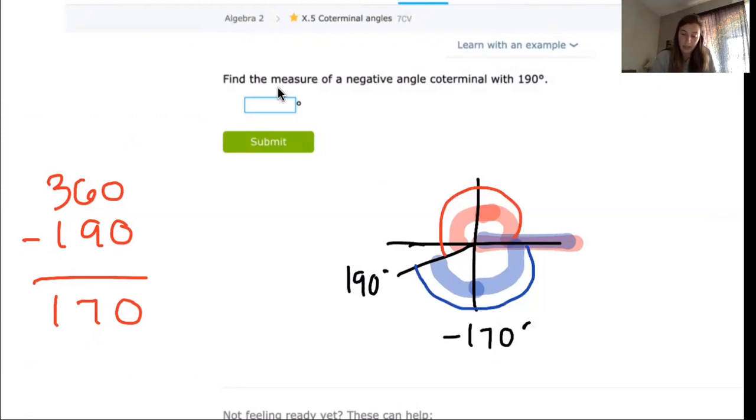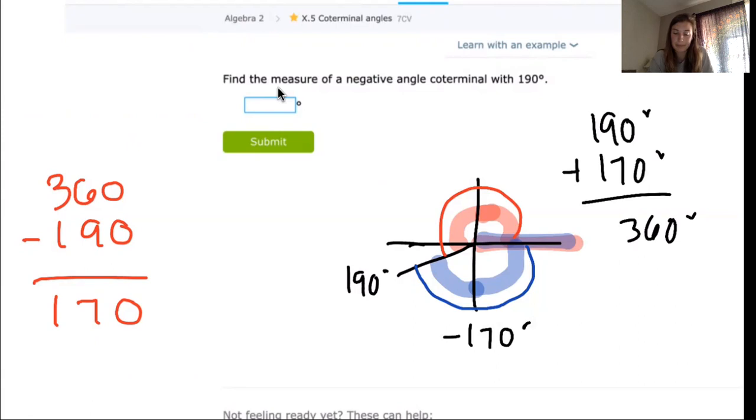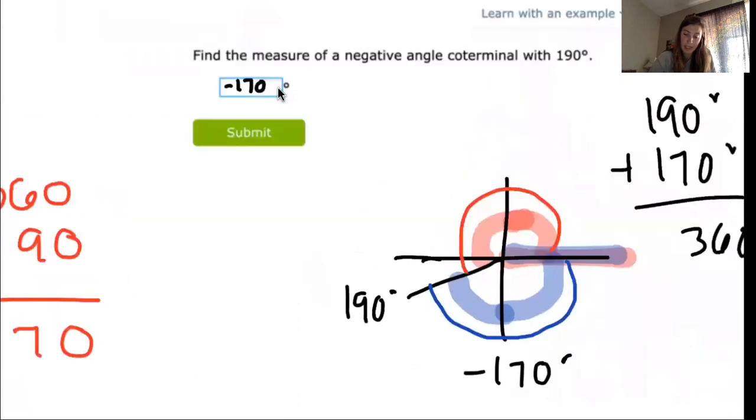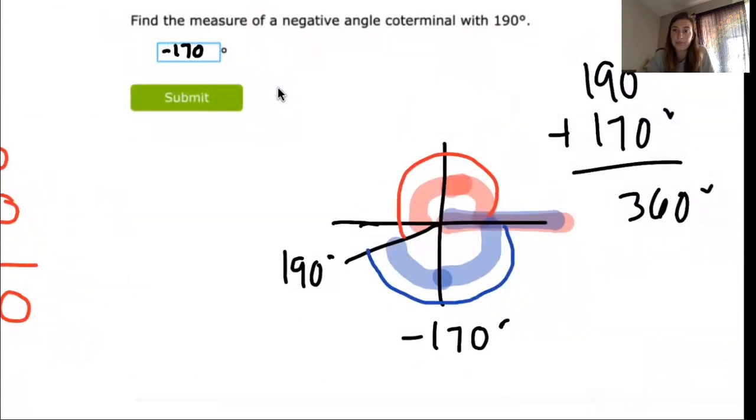So to check that, you would add those numbers together to make sure you get 360. So 190 degrees plus 170 degrees gave me 360. So the negative way to express that would be negative 170 degrees. It's the same thing as positive 190.